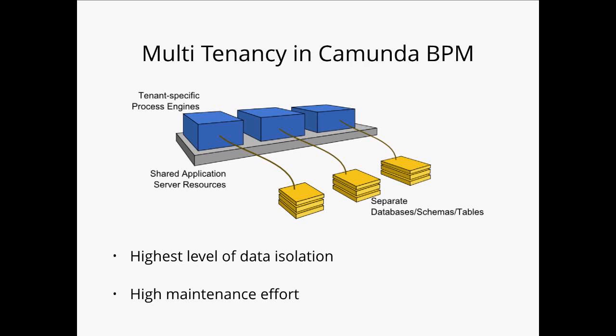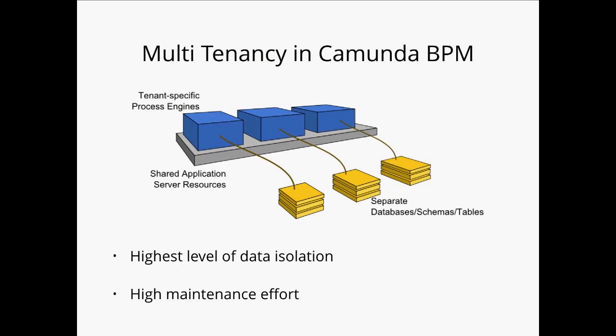The process engines can run on the same server, so they can all share the same computational resources, such as the data source if you isolate via schemas or tables. They can also share a common thread pool for asynchronous job execution.